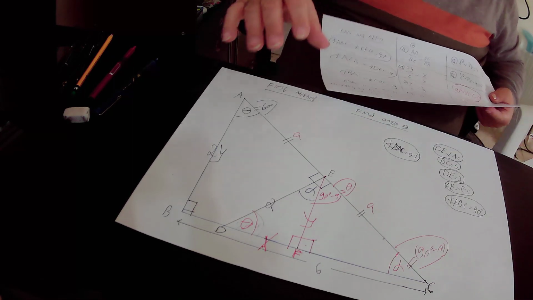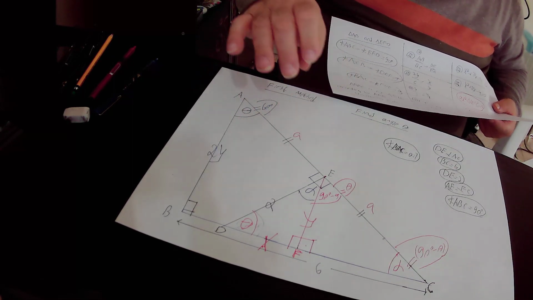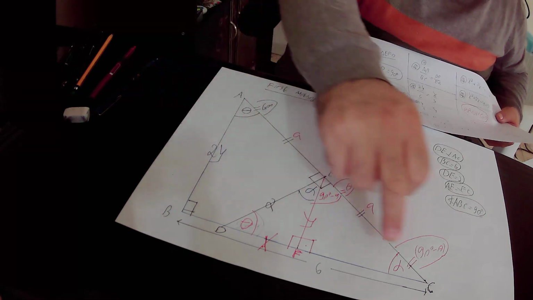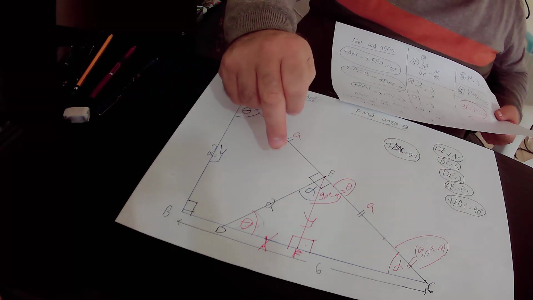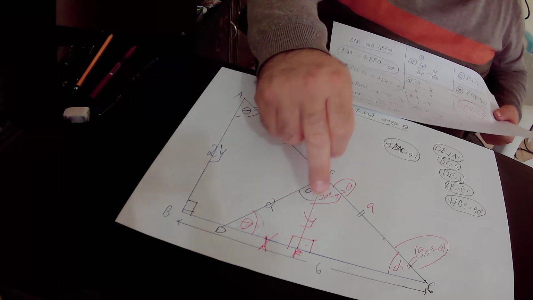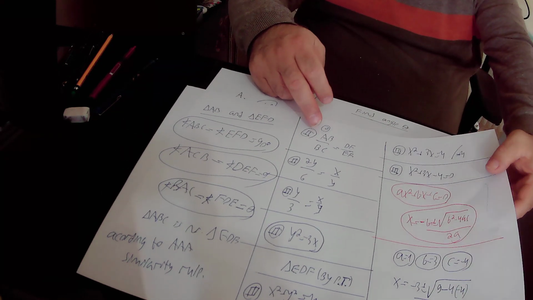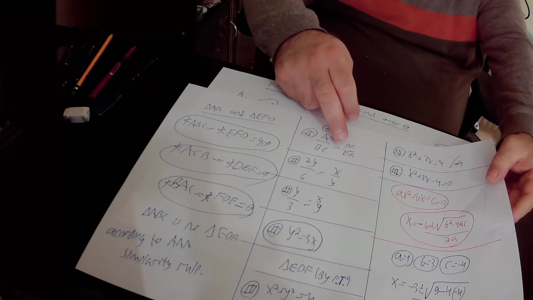And from the fact that triangle ABC is similar to triangle EDF, we will derive that AB over BC equals DF over EF. Again, AB over BC in triangle ABC equals DF over EF.